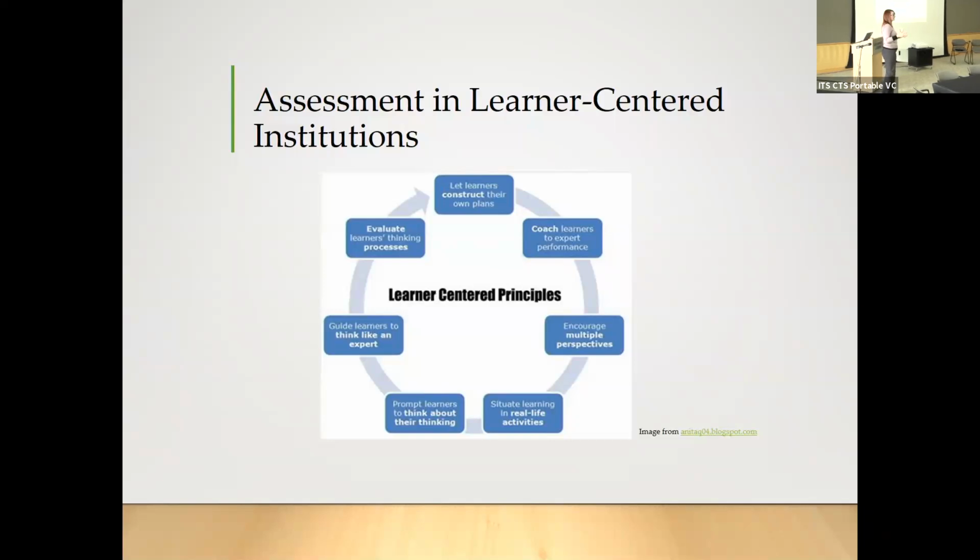So of course metacognition, self-reflection, self-assessment is a big deal. Guide learners to think like an expert. And that's a big thing in assessment and evaluation, what does it mean to reach expertise or mastery? So, how many of you have seen or have worked on your program curriculum maps?